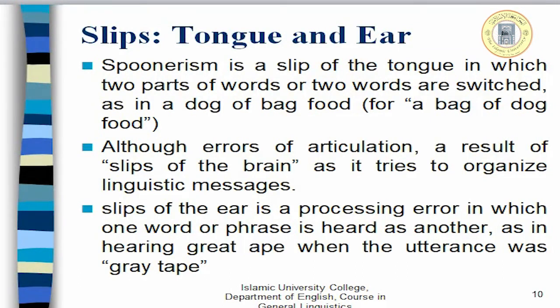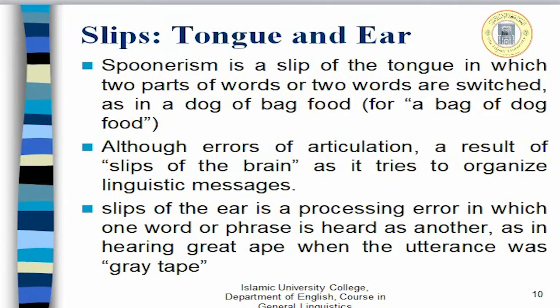Now, slips of the ear is a processing error in which one word or phrase is heard as another, as in hearing a great ape when the utterance was great tape.